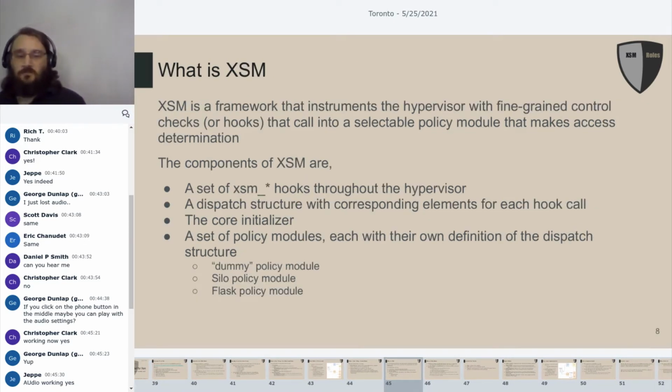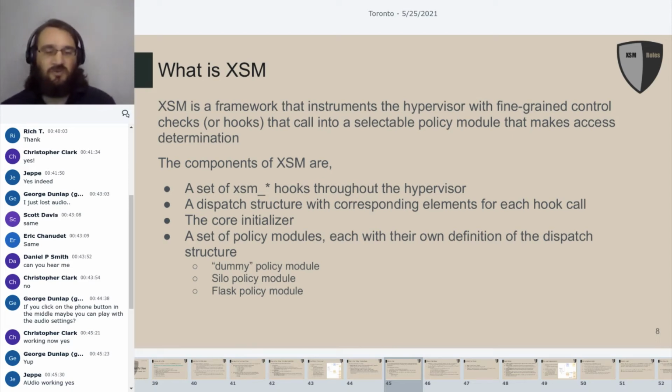So when we're diving even further into these details as far as XSM is concerned, you get these fine-grained control checks, and the selectable policy comes in and makes access control decisions. And as I highlighted, these hooks are all the way through the hypervisor.